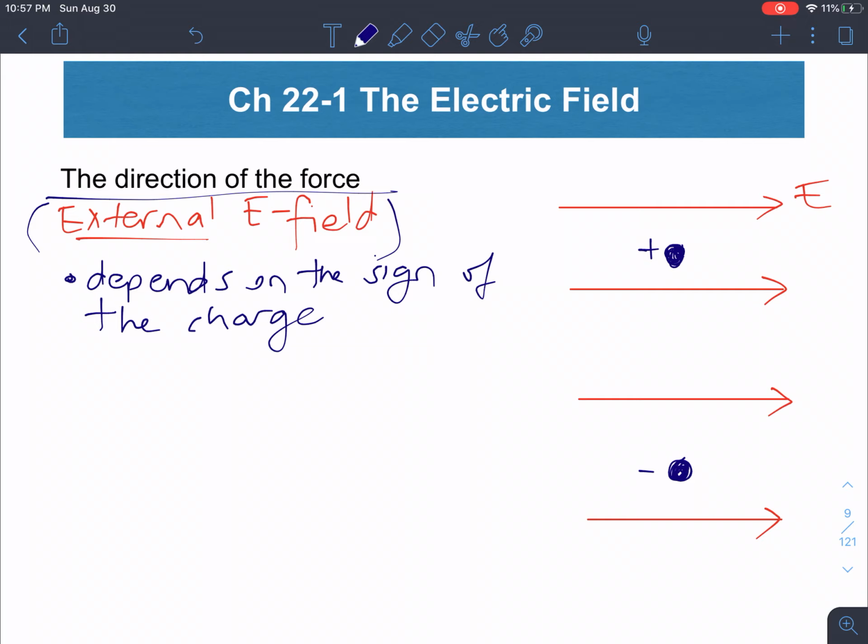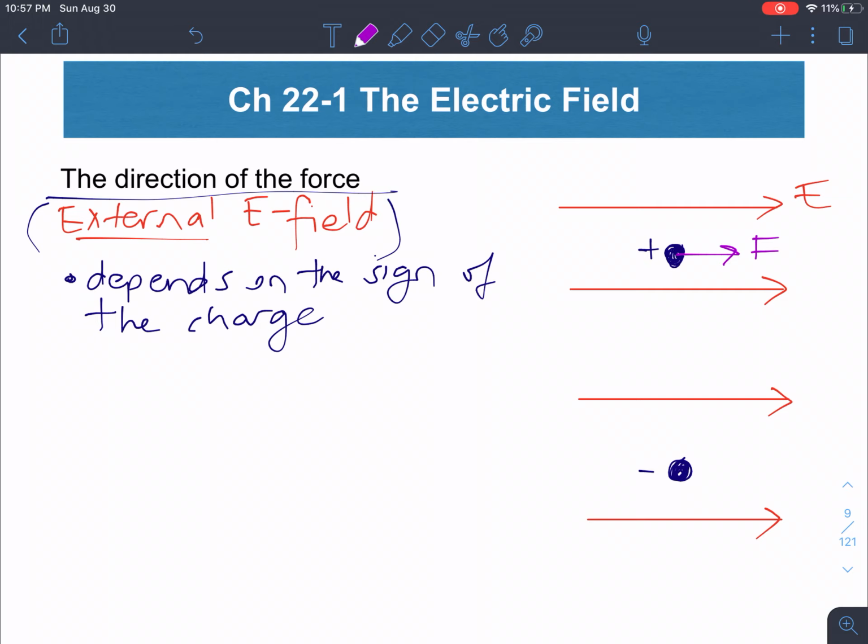If you have a positive charge, you will feel the force in the same direction as the electric field. That's going to be the force on it due to this electric field.